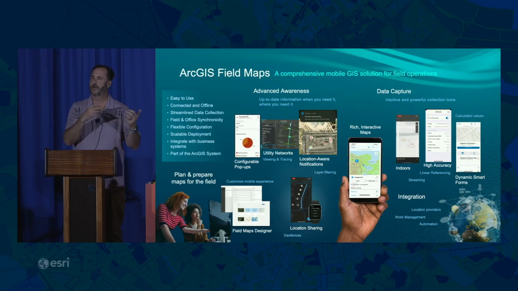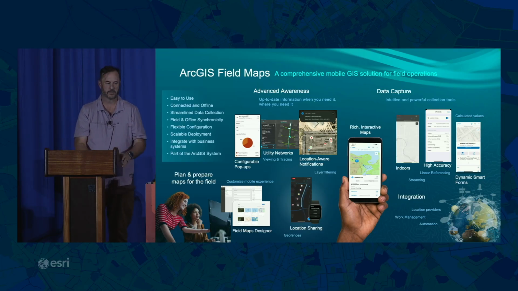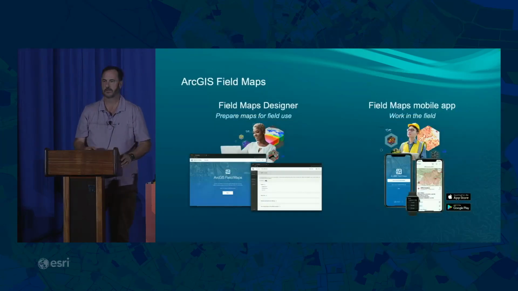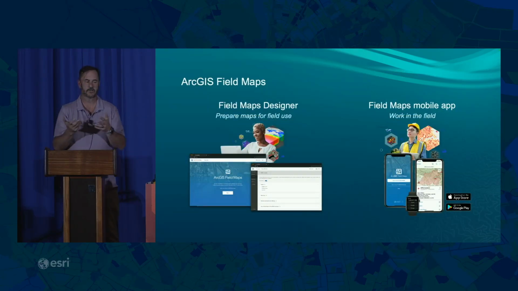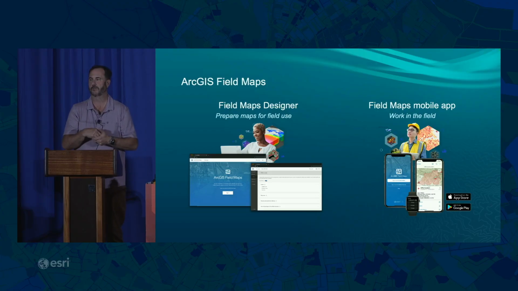And from the patterns that Sarah talked about earlier, we've made sure to kind of enhance the system to support a lot more configuration capabilities. And the way that we did that was, in addition to the mobile application, we introduced a designer application called Field Maps Designer that's embedded inside of ArcGIS Online and ArcGIS Enterprise. Lets you not only configure an existing web map to support different tooling or capabilities, forms, whatnot, in the map, but also create new maps.